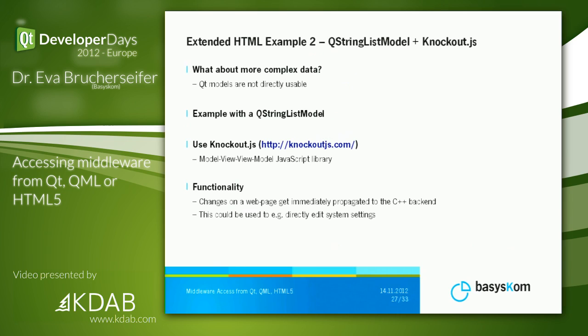Okay, a little more complex example. It's just a QStringListModel. I imagine we have something that has a QStringListModel, and I want to expose that into my JavaScript UI. Now, I really don't want to handle all that data in the JavaScript by myself, so I'm using a helper library. It's Knockout.js. It's kind of like data bindings for HTML tags.